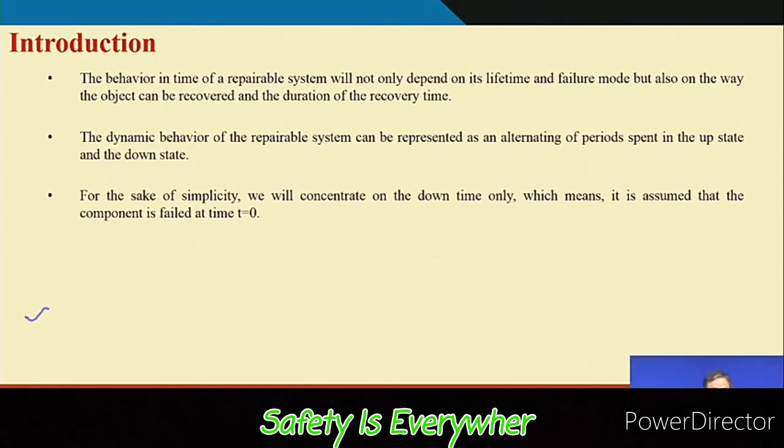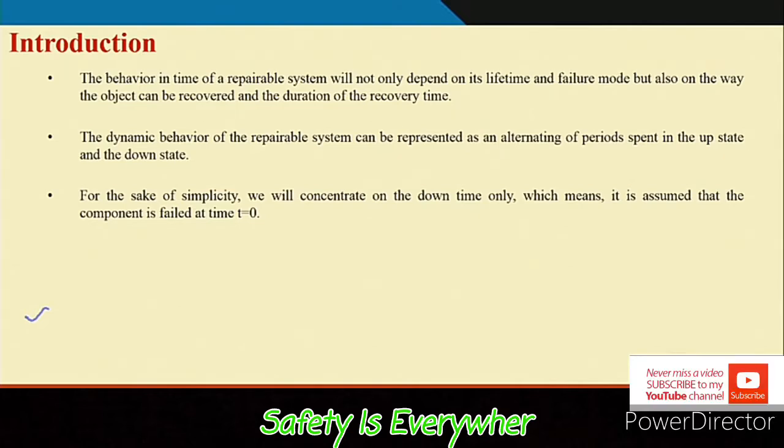As I told you, the behavior of a repairable system will depend not only on its lifetime and failure mode, but also on the way the object can be recovered and the duration of the recovery time. That means the component can be repaired, and the repair time is also important here. The dynamic behavior of the repairable system can be represented as an alternation of periods spent in the up and down states.